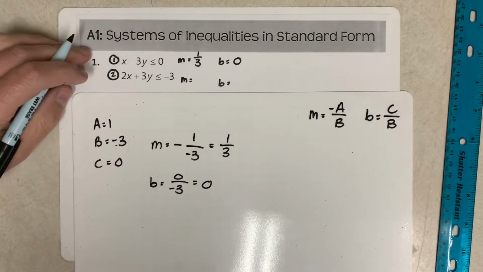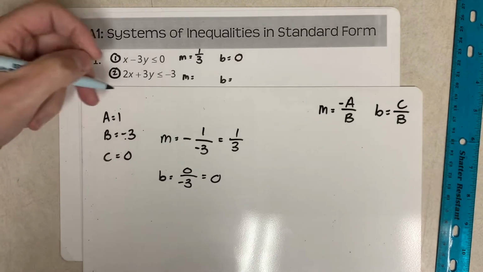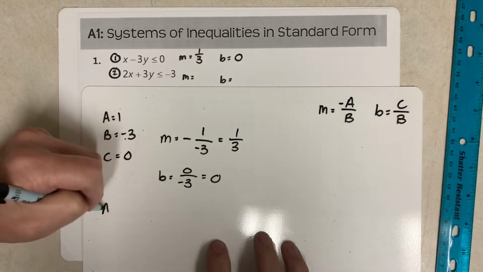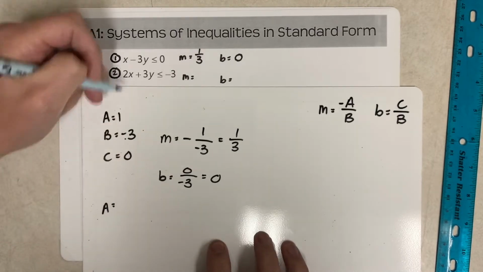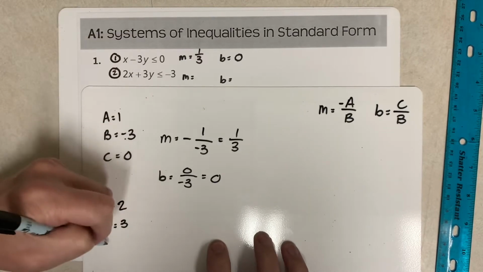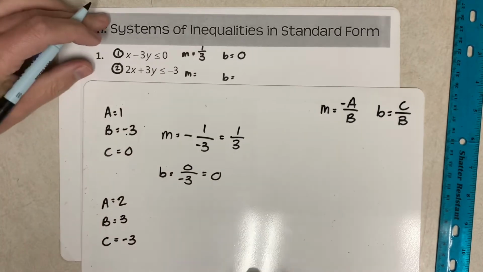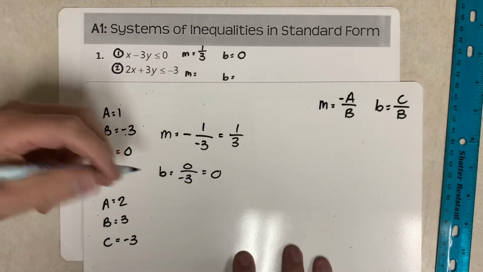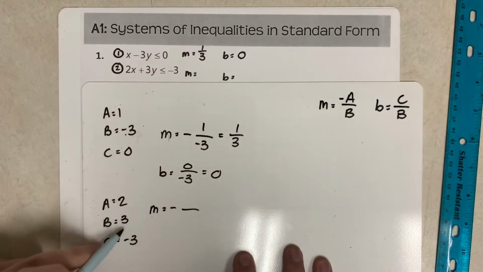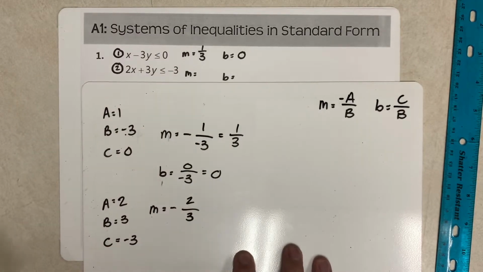For the second one, it's got different a, b, and c values, so I've got to start over here. The a value is 2, the b is 3, and the c is -3. For that one, my slope is negative a over b, so -2/3 is my slope.